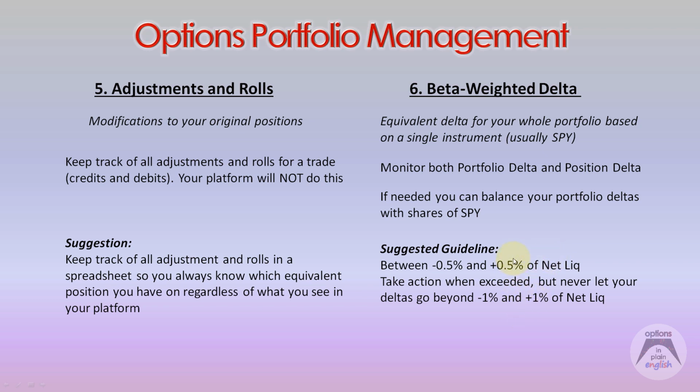That would be too much, because if you think about it, the SPY is currently trading at around $320. If you have 1,000 deltas, what that means is that you have $320,000 worth of exposure, because it's 320 times 1,000.